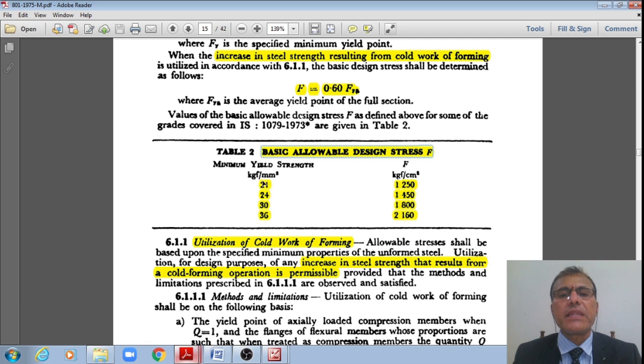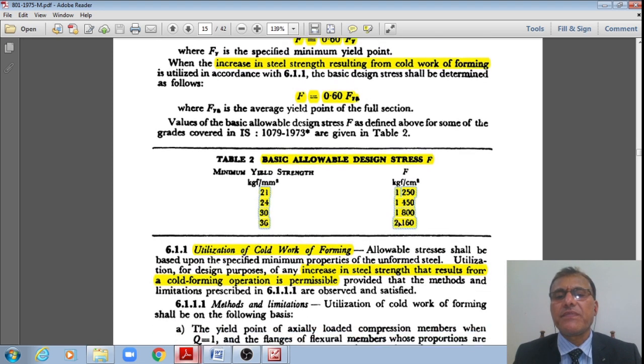The minimum yield strength in kg force per mm square 21, or this is what is called 210 Newton per mm square grade, or ST32. Then F, the allowable design stress, is 0.6 multiplied by 2100, which works out to 1250. 0.6 multiplied by 2100 kg force per centimeter square, or 21 kg force per mm square, multiplied by 0.6 as per this definition, works out to 1250.